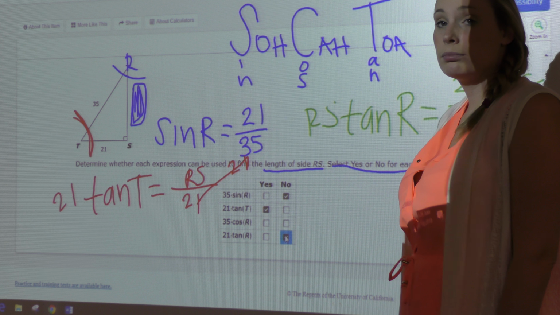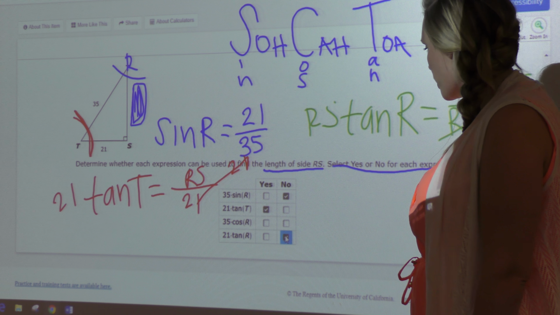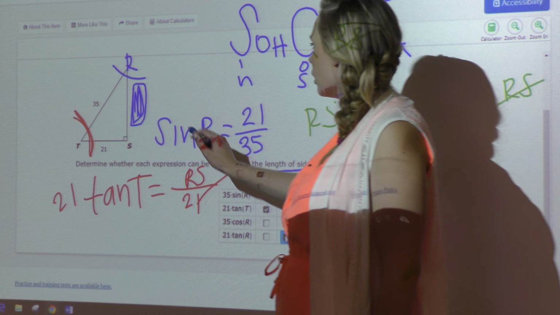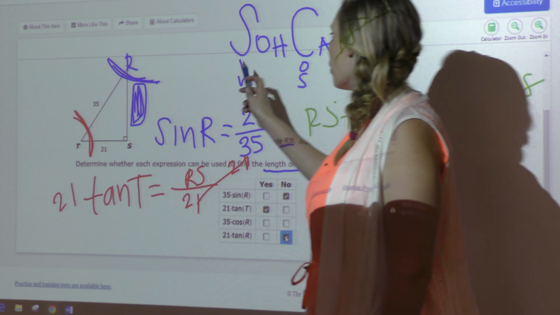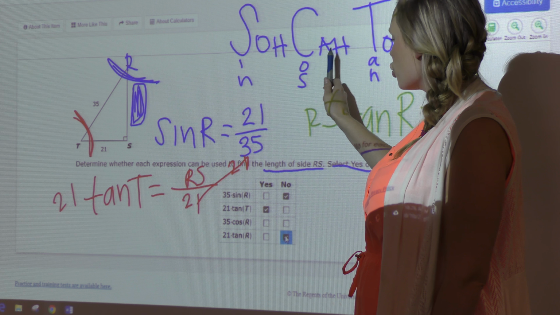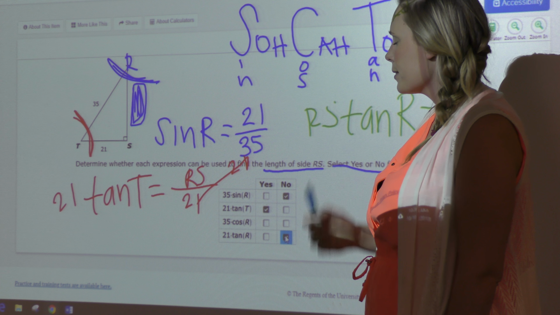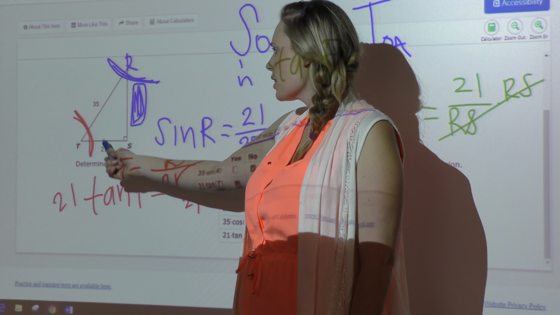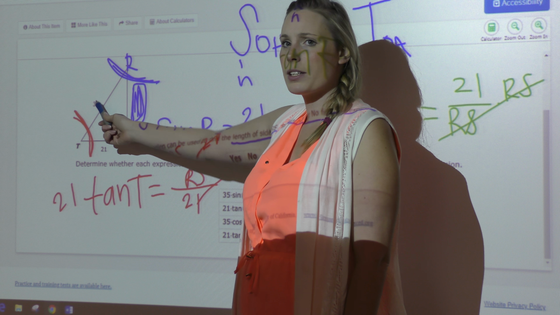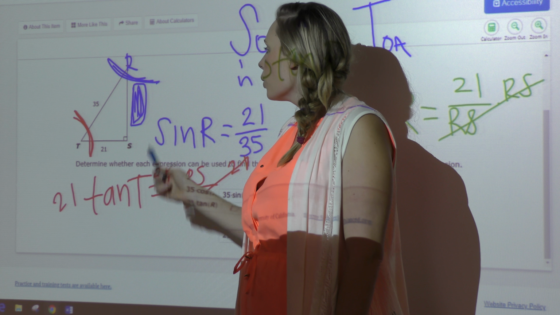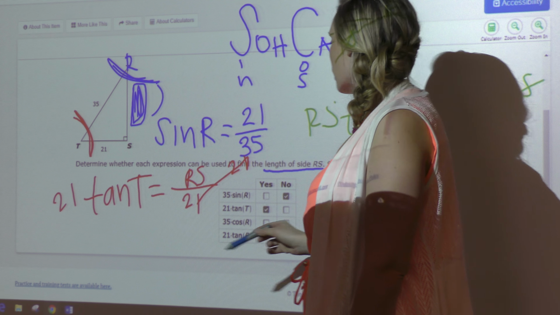So I have one more, cosine, and it's cosine of R. So cosine of R, I'm looking here again, and if I go back to my SOHCAHTOA, cosine is adjacent over hypotenuse. Well, here's R. This is opposite, this is hypotenuse because the right angle always points to the hypotenuse, which means this has to be my adjacent.